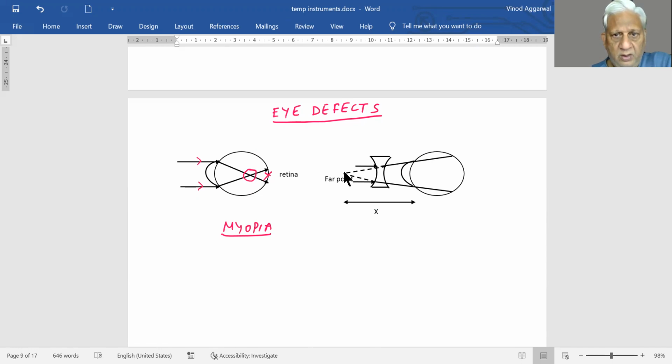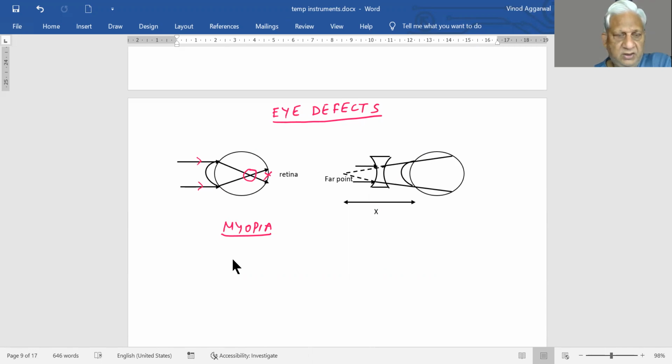So when this happens, the image seems to have formed here, and his vision is corrected. So for myopic patients, you have to use a concave lens for correcting their vision, so that the distant objects focus at his far point.